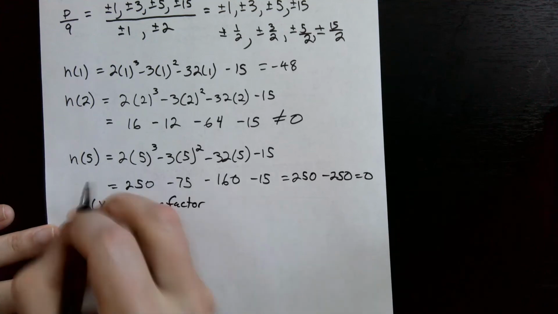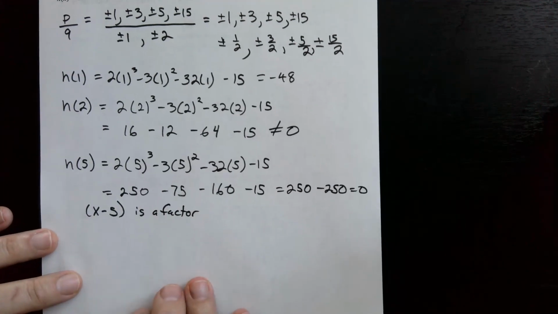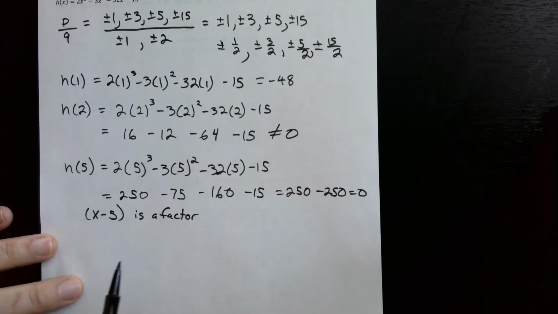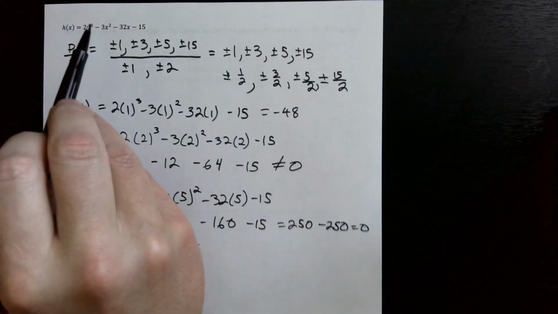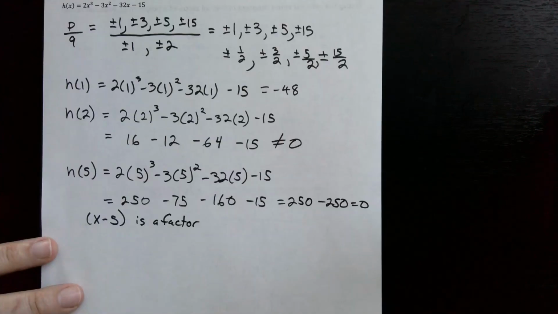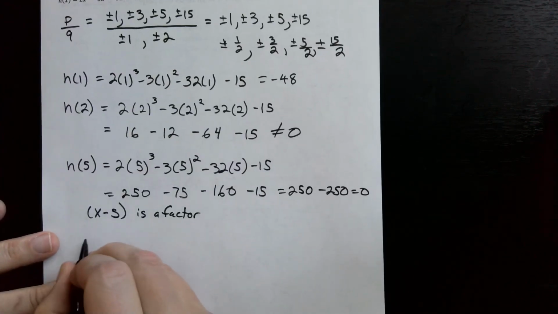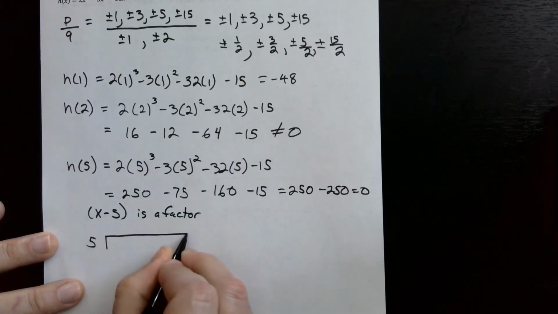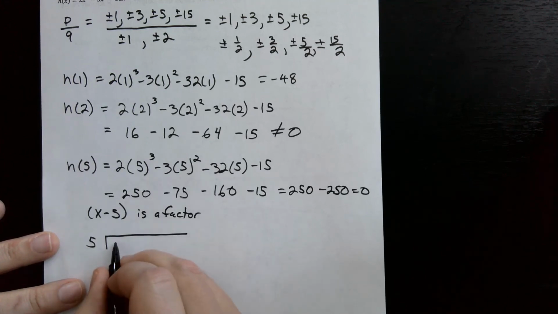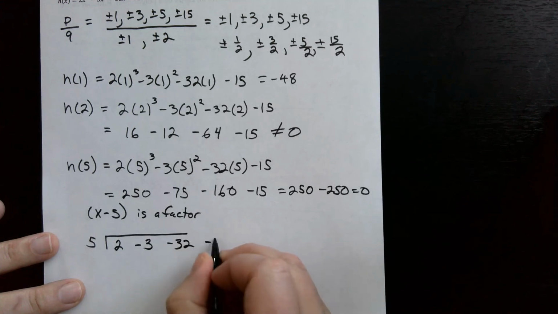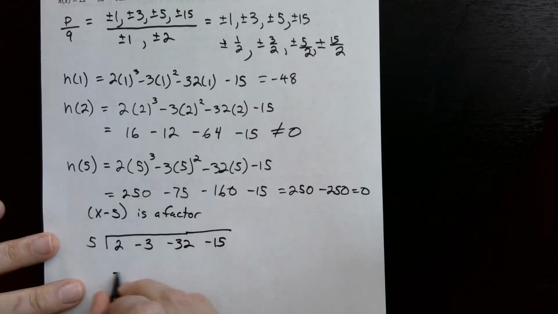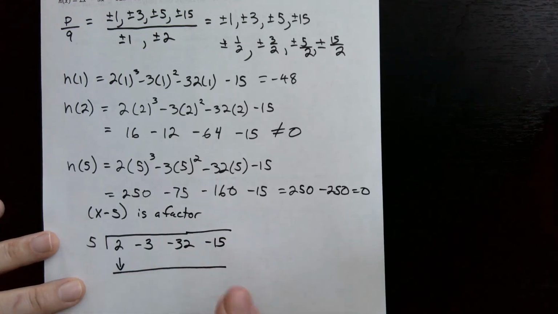Okay, so if I found the zeros, I also found the factor. Now I can use this. I can either use long division or synthetic division to make this fully factorable. So I'm going to put a 5 out front. I'm doing synthetic division here. Put the coefficients inside. Okay, drop your first term.